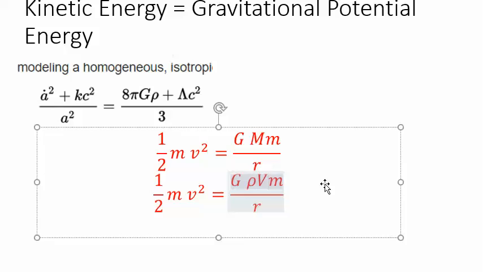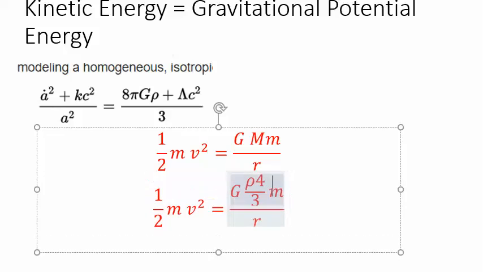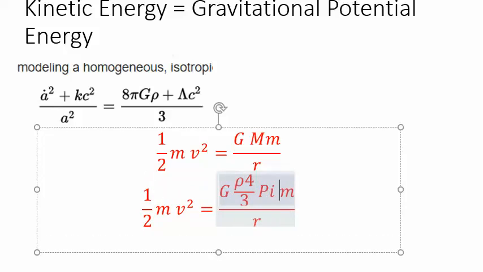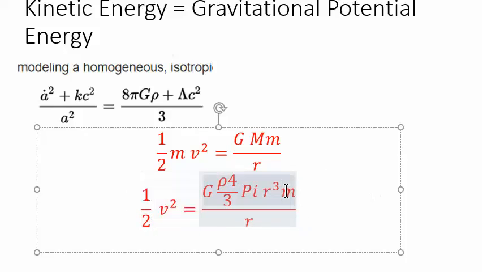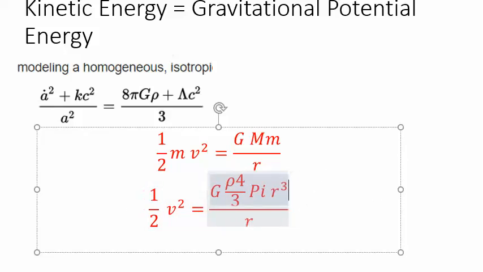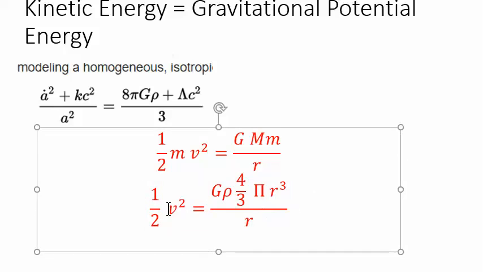That's what I'm going to be using to solve this: the volume of that sphere is 4/3 pi r cubed, and we can cancel out the masses. Then we're assuming that the velocity of every particle in the universe is going at its own escape velocity.